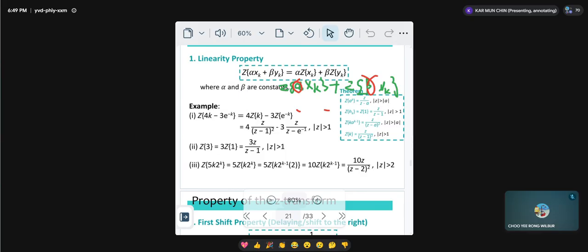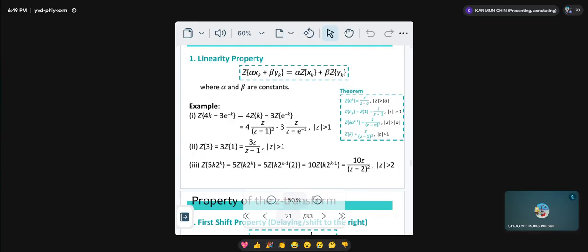That's why you have Z more than 1 here: one term is Z more than a, the other one is more than 1, and a is of course more than 1. So you just stick to the minimum number. It will be Z more than 1.